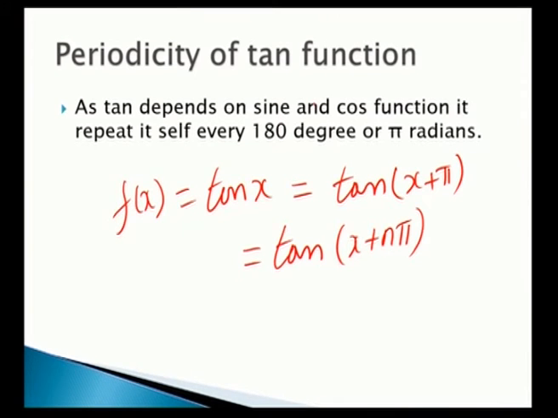So, from this discussion we learnt that sine function, cos function and tan function are all periodic trigonometric functions which are used in many physics and architectural problems. Then we learnt that the periodicity of sine function is 2 pi radians or 360 degree, periodicity of cos function is 2 pi radians or 360 degrees, periodicity of tan function is pi radians or 180 degree.